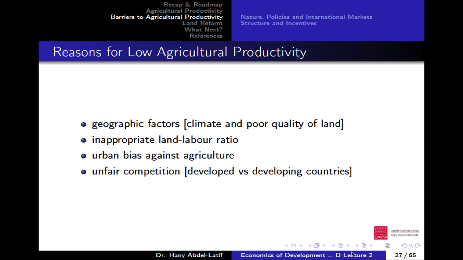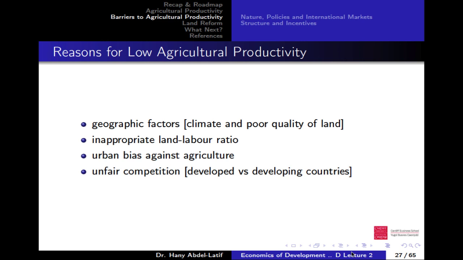So if I want to start with these factors, geographic factors, it could be climate or poor quality of land, or an inappropriate land-labor ratio, so we don't have the right mix between labor and land. Urban bias against agriculture.